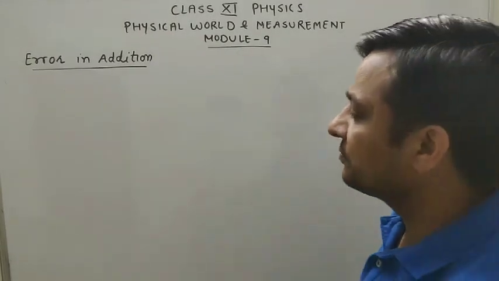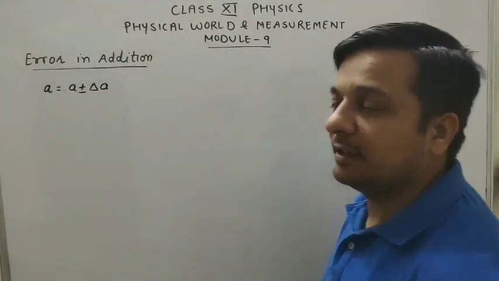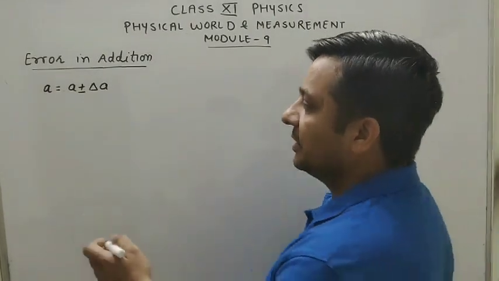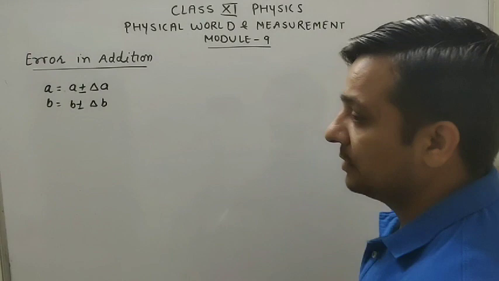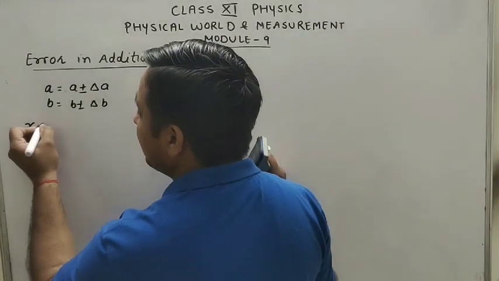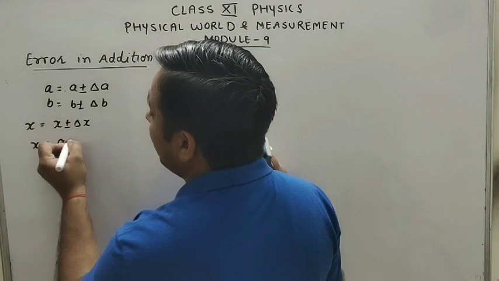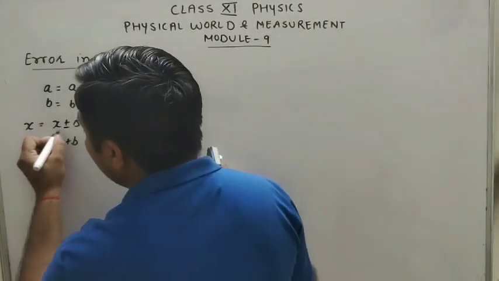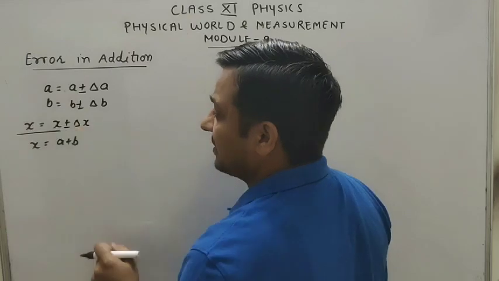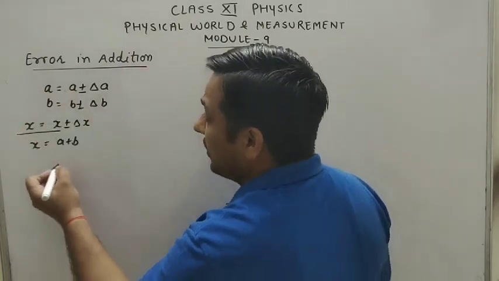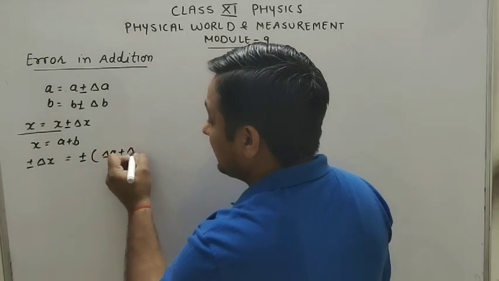Remember one thing only. Suppose a quantity A is denoted by A plus minus delta A, where delta A represents its error in A, and B plus minus delta B. If we want to find the addition, x is equal to A plus B. So if we want to find the error in x, delta x, in case of addition, then delta x is equal to plus minus (delta A plus delta B).